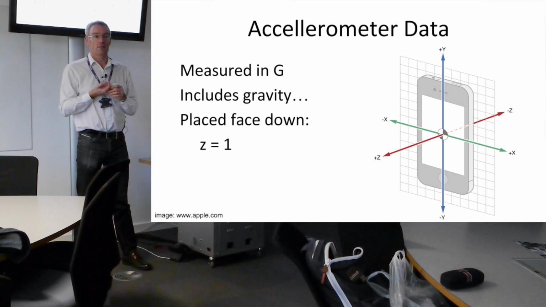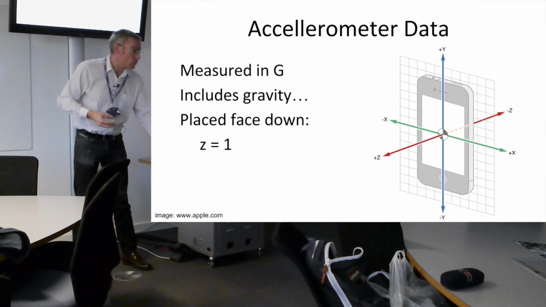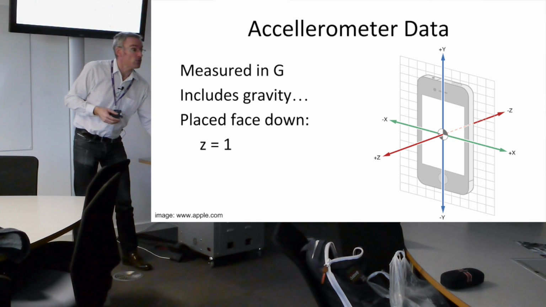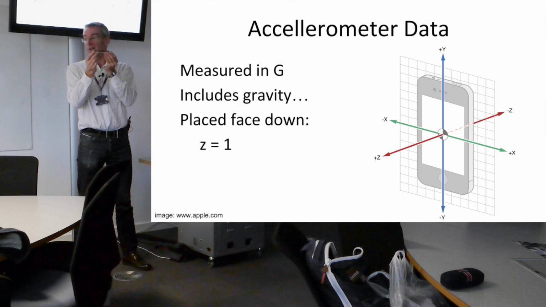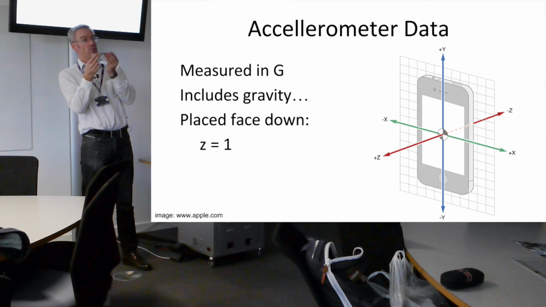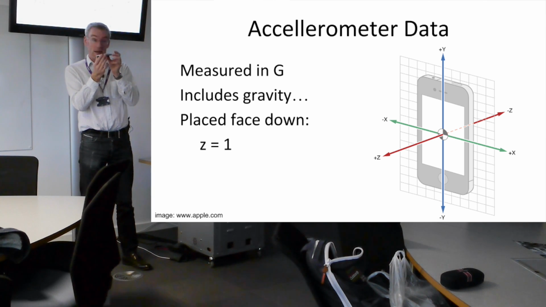The 1g is probably pushing back. It'll measure 1g. Obviously, if it's at a slight angle, it will change. And if it's dead flat, the x and the y will measure 0. But in reality, you never get it perfectly flat, so you end up with 0.001, 0.02. It's never perfectly level.